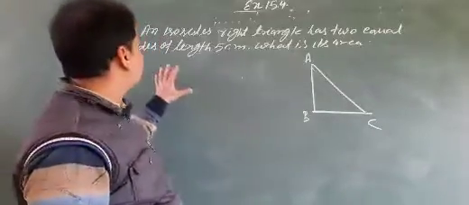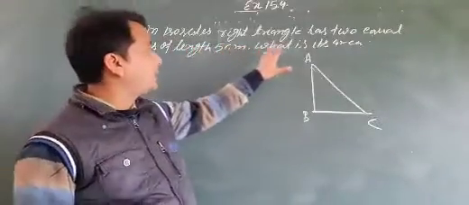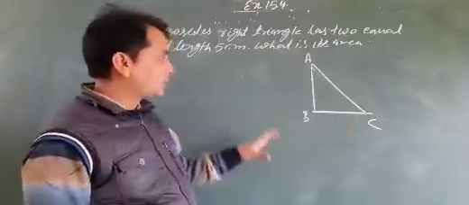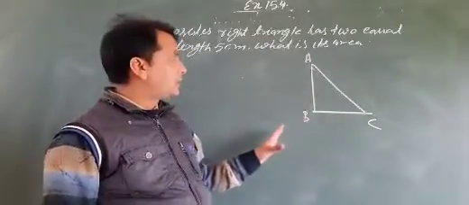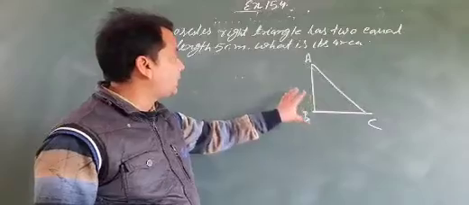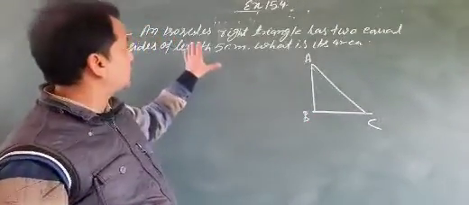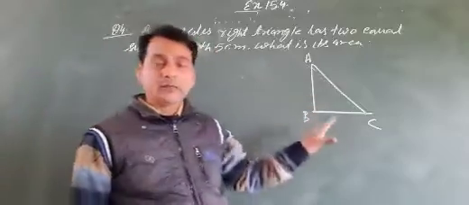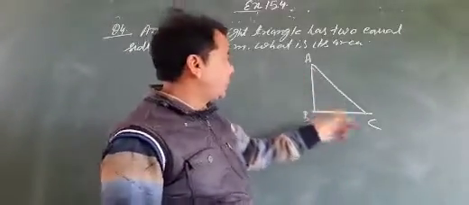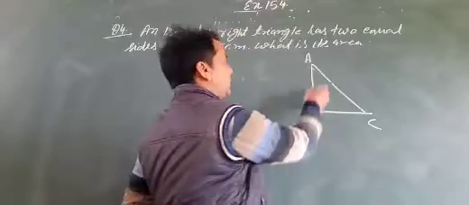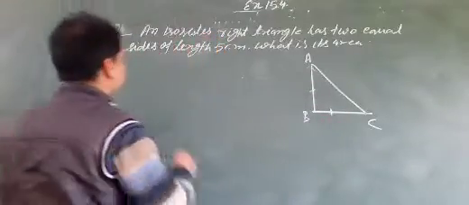In this question, an isosceles right triangle is given. Now suppose the triangle ABC is right angled at B, and according to this question it is an isosceles triangle, then AB equal to AC.